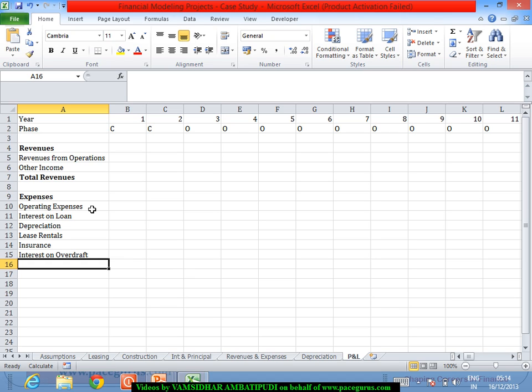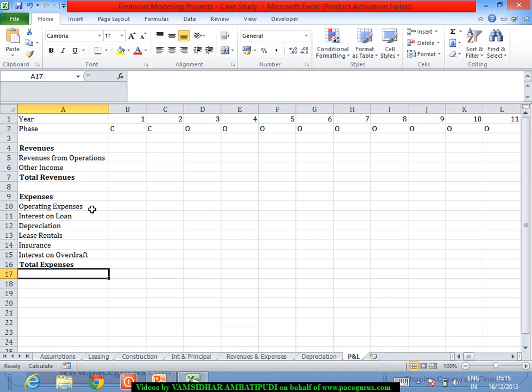So I would be borrowing cash on a very short term basis, and those short term intermediate borrowings to meet my cash flow requirements are typically classified as overdrafts. And on those overdrafts also I am bound to pay the interest, so that also goes as an expense for me. So that is what will go as a part of the expense. Probably from these 4-5 areas, I will compute my total expenses.